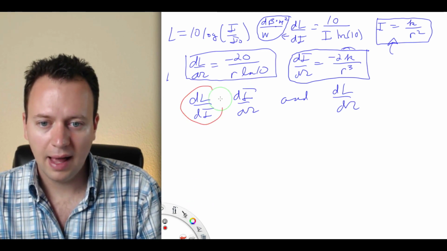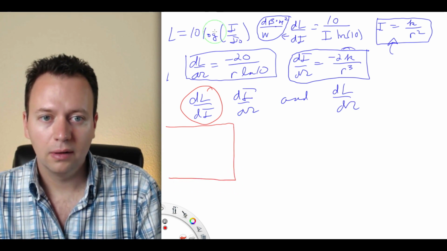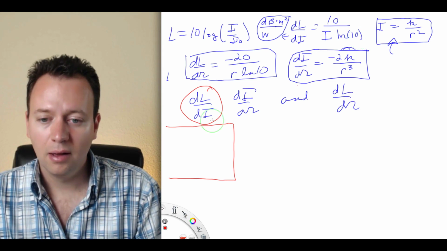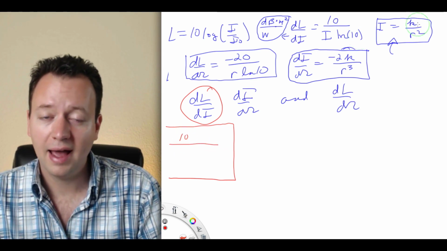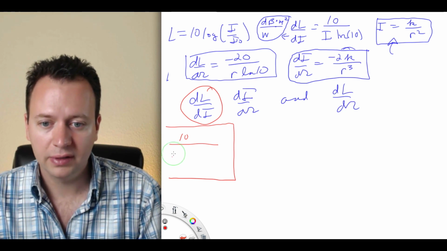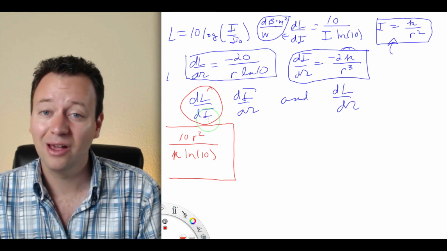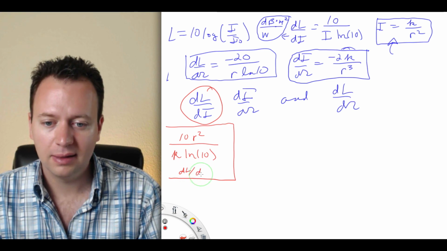So the dL/dI was this, 10 over I ln of 10. But what I'm going to do is replace I with I of R. So it's 10 over k over R squared times ln of 10. So this is the dL/dI expressed as a function of distance, but it's still dL/dI.